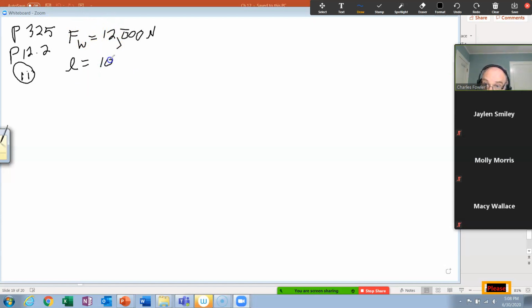Okay, 10.0, with a slash through some zeros but not others, meters long. And 16 millimeters in diameter. So this is the diameter of the cable. That is 16.0 millimeters.